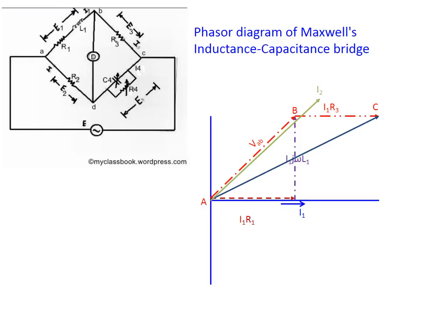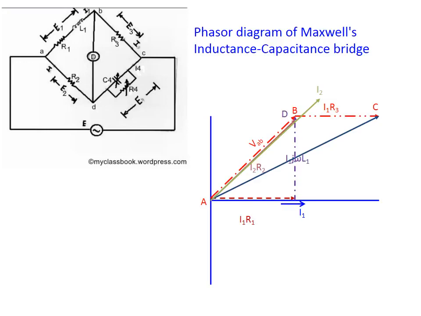Therefore, the phase of VAD must be the same as the phase of VAB, and the phase of I2 is the same as the phase of VAD. Therefore, the current I2 will be in phase with VAB.